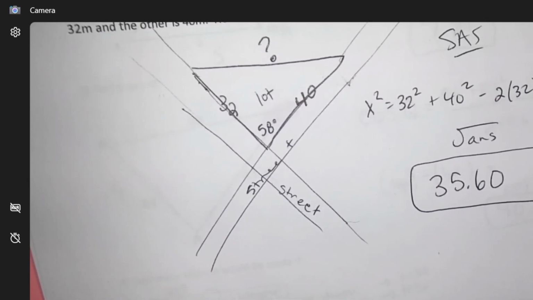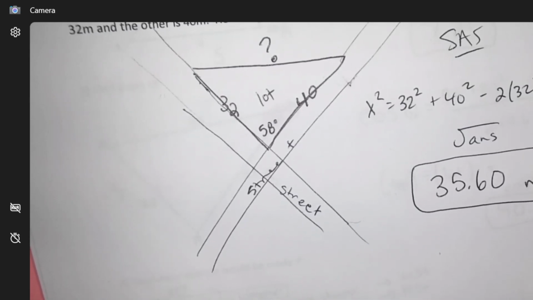And there's some units that you should put on your answer, right? I should see meters at the end of your answer, because it's a word problem and that was given.